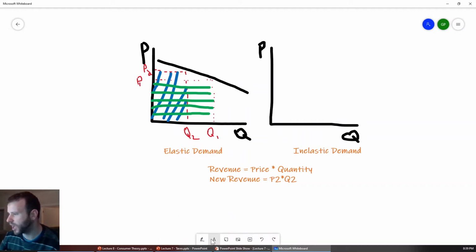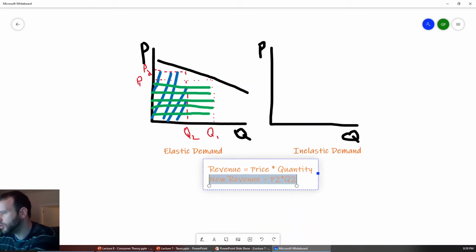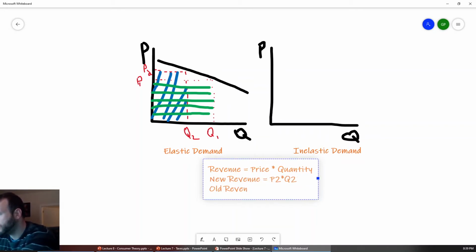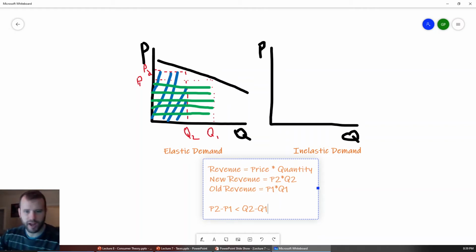So we can say, oh, sorry, I don't want to do that. Old revenue equals P1 times Q1, and P2 minus P1 is going to be less than Q2 minus Q1, divided by their averages, just by the definition of elasticity.